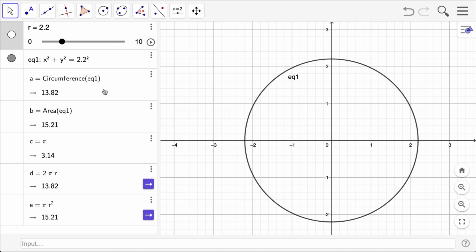All right, so that's the circle. Now, we can ask ourselves, how can we figure that out? Because that's the fun in life, right? So we'll just take as given that the circumference of the circle is 2 pi r.